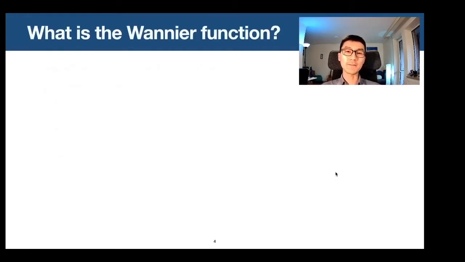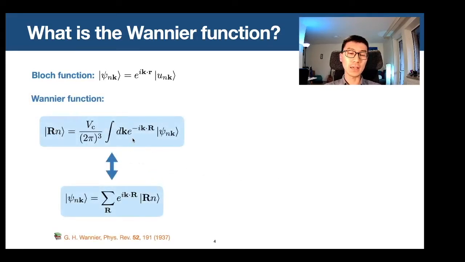So what is a Wannier function? I guess you already know what a Wannier function is. A Wannier function is defined as a Fourier transformation of the Bloch function. This was first introduced by Gregory Wannier in 1937. And this Wannier function is localized around a Bravais lattice vector R. Certainly, this is not an eigenstate of the Hamiltonian, but there is an advantage because this function is well localized in real space.